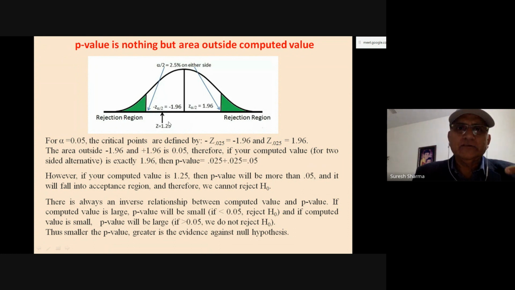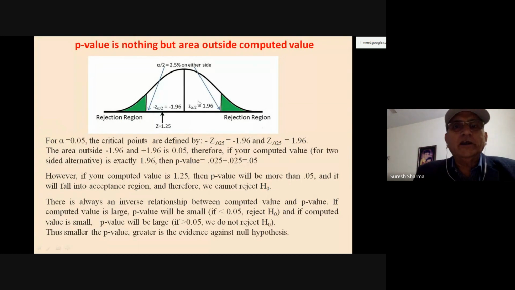Let's take another example. Suppose I take the test statistic value as 1.25. So 1.25 will be somewhere here, right? And minus 1.25. So what is the p-value? P-value is the area outside. So the area outside will increase now, and it will cross this limit of green. It will move on to the white region. So it will be more than 0.05.